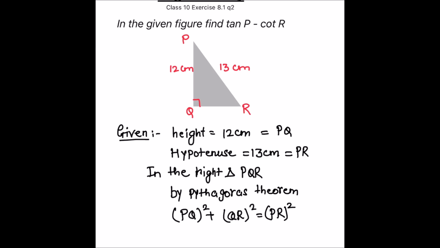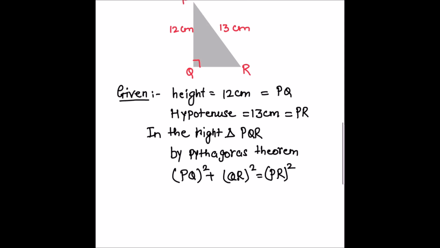So here we have been given height and hypotenuse. We need to find the base of the triangle to find TanP and Cot R, because TanP is perpendicular upon base or height upon base. So let's put in the values of PQ and QR.